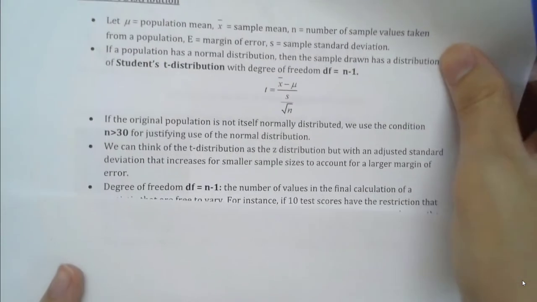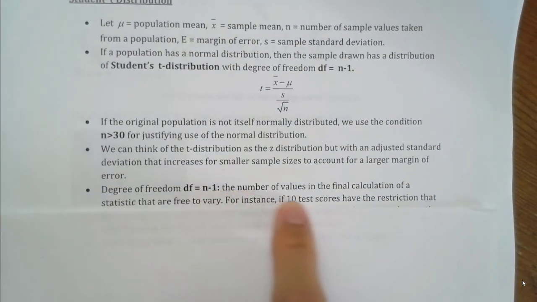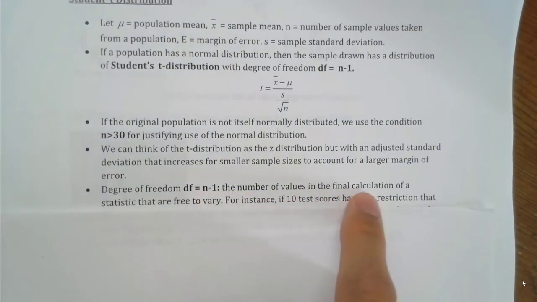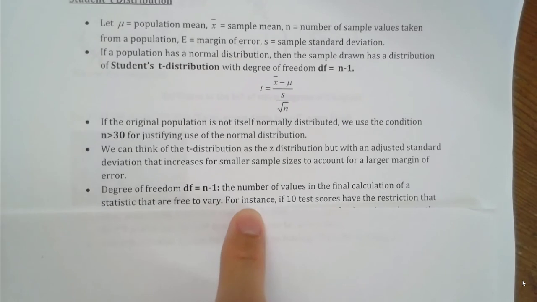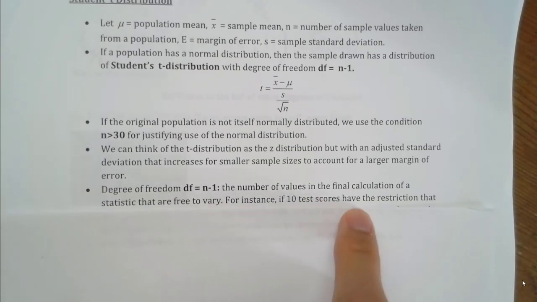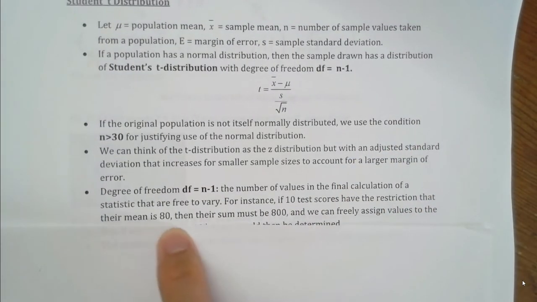And then the degree of freedom, df equals n minus 1. This is the number of values in the final calculation of a statistic that are free to vary. So for instance, if there are 10 test scores that have the restriction that their mean is 80, then the sum must be 800.